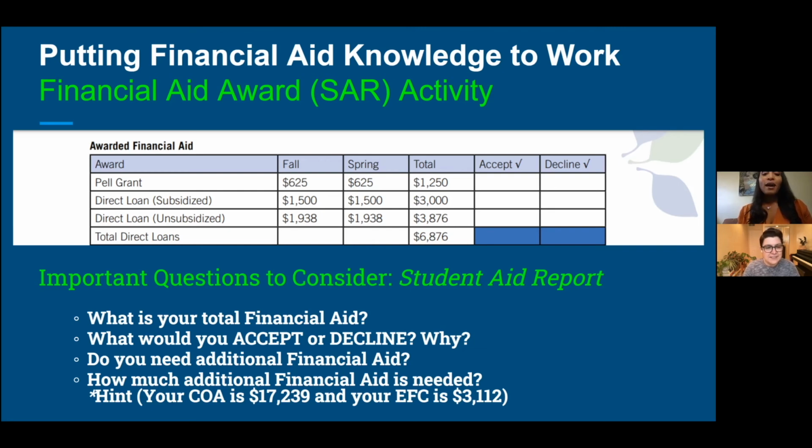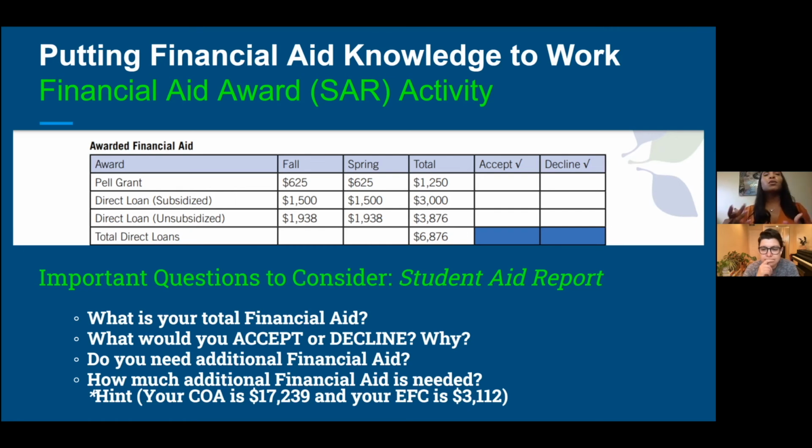But Chris, you answered it exactly the way that I would have answered it. I definitely am taking that grant money because I do not have to pay it back, so a big check for accept. I would take the subsidized loan if I needed it because there's no interest that occurs on it, so a big check for accept. The unsubsidized loan depends on your backup plan.